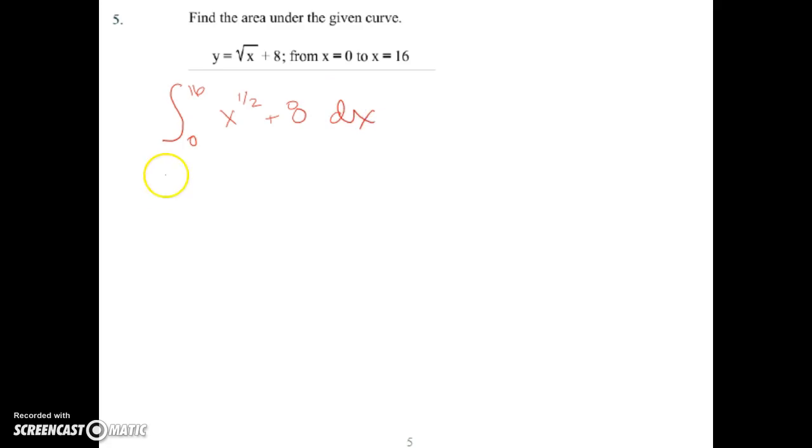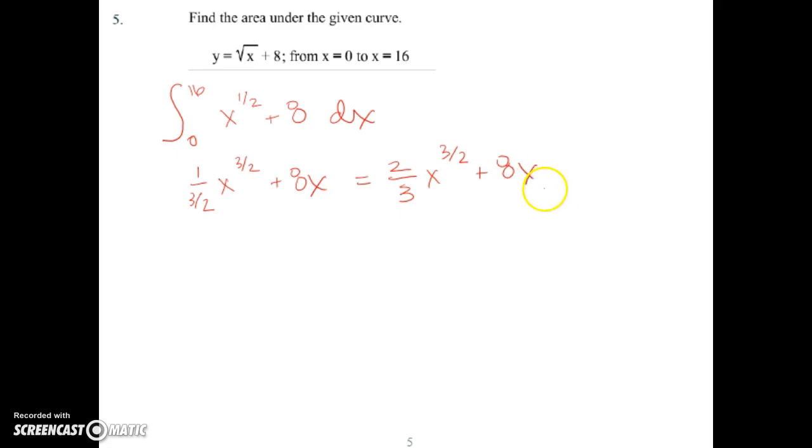To find that integral, what is that going to be? 1 over 3/2 x to the 3/2 plus 8x is the integral. If we simplify that, that's going to be 2/3 x to the 3/2 plus 8x. So that's our function, that's the integral.